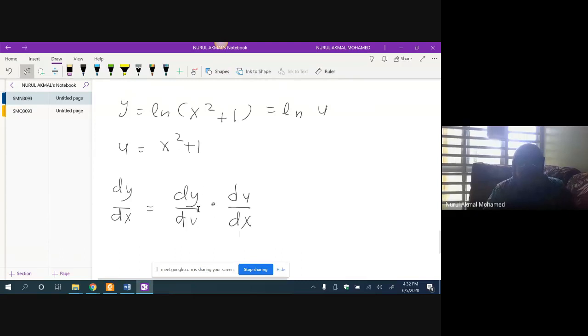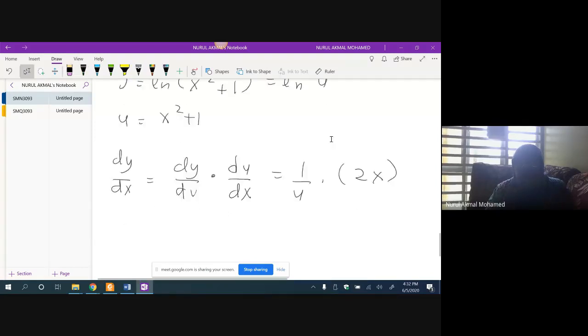So dy/du: the derivative of ln u with respect to u will be 1 over u. And then you multiply with du/dx. You differentiate u with respect to x, you get 2x.